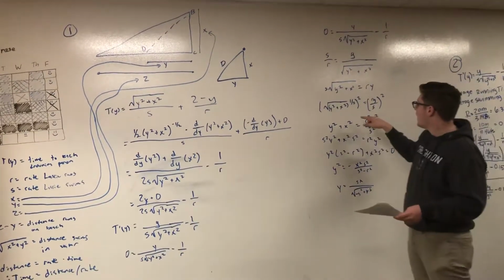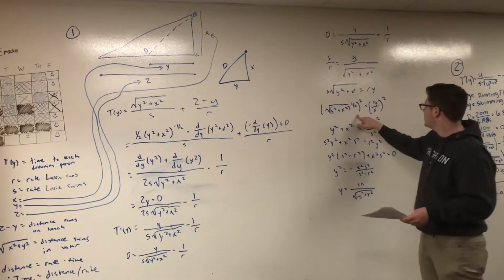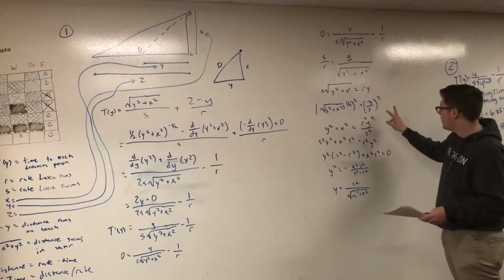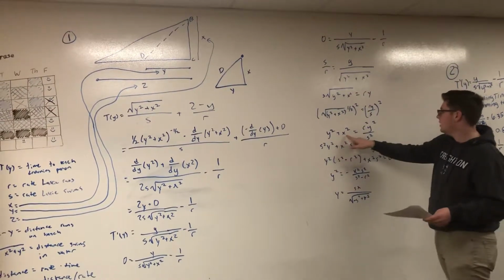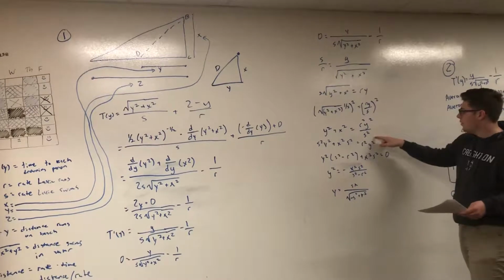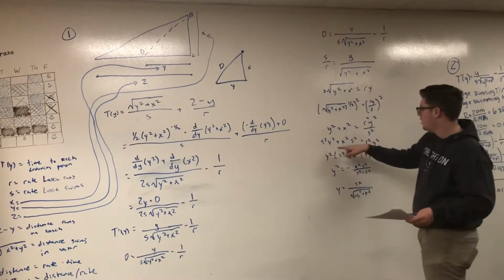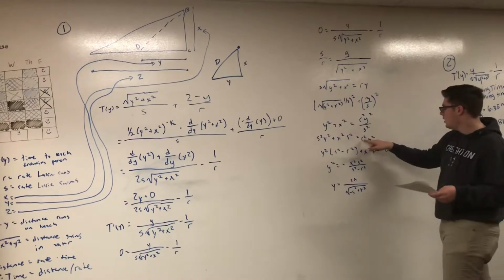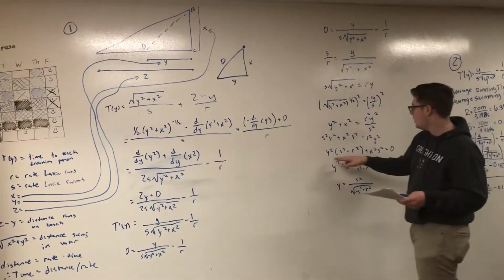And then to cancel out the square root, we square both sides to get y squared plus x squared equals (r y over s) squared. And then we multiply again to get s squared y squared plus x squared s squared equals r squared y squared.